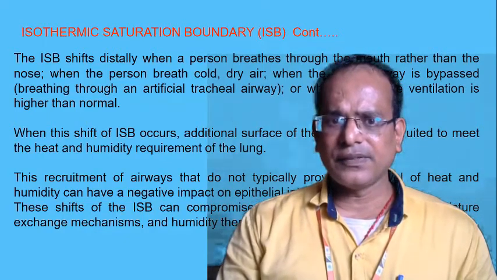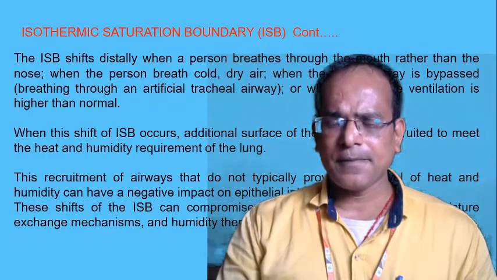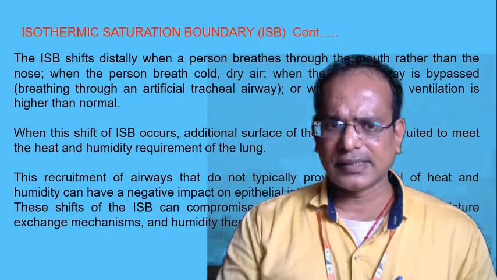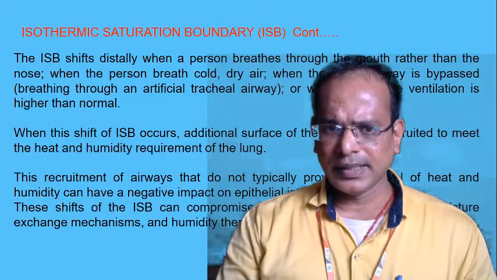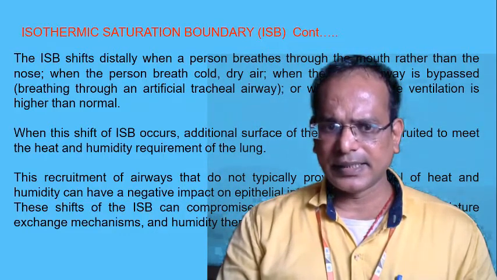When this shift of the ISB occurs, additional surfaces of the airway are recruited to meet the heat and humidity requirements of the lungs. These airways do not typically provide that level of heat and humidity, which can have a negative impact on epithelial integrity.